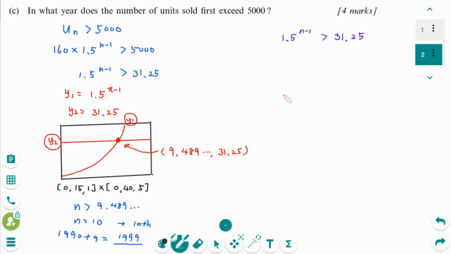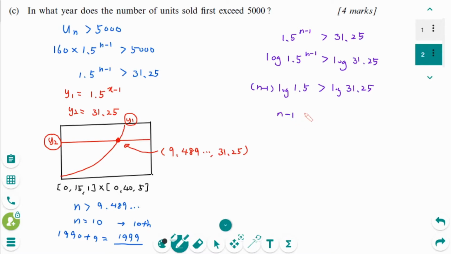If we use the logarithm, we can rewrite as log of 1.5 to the power of n minus 1 is greater than log of 31.25. Then n minus 1 log of 1.5 is greater than log of 31.25. Then divide by log 1.5 on each side.